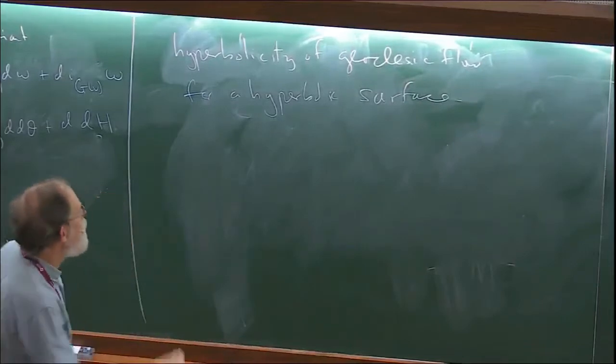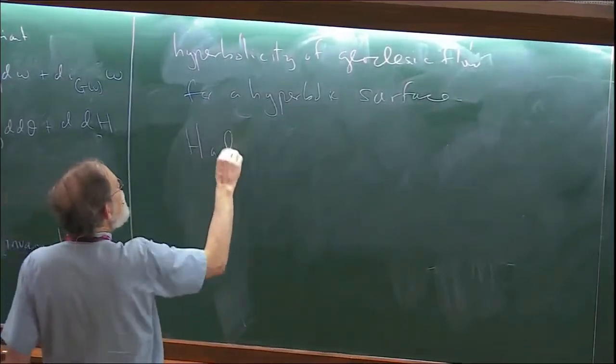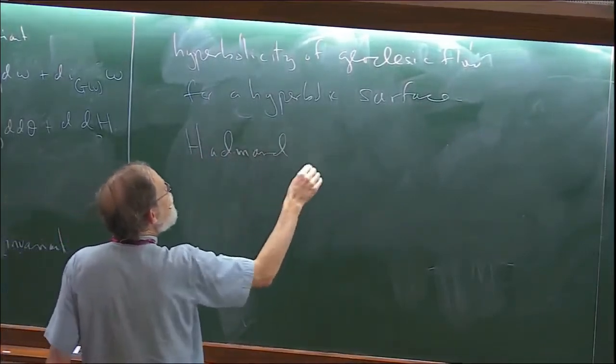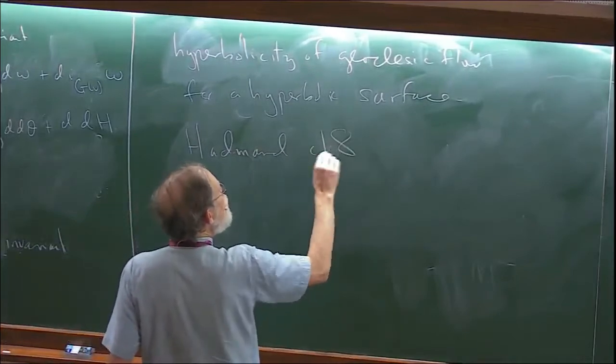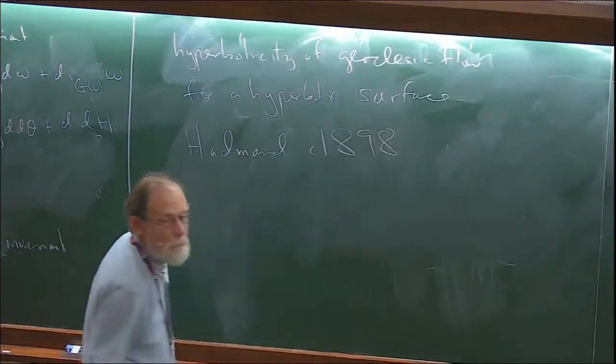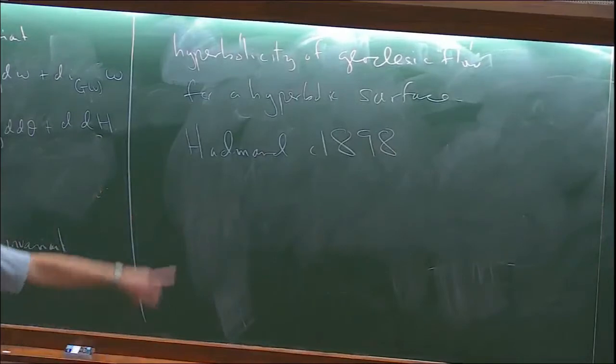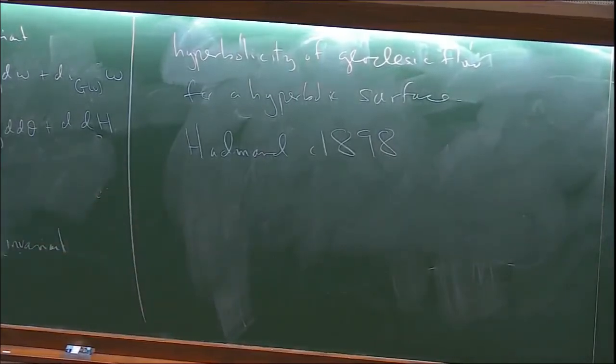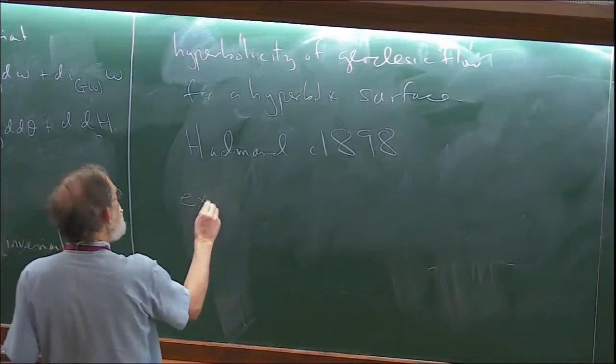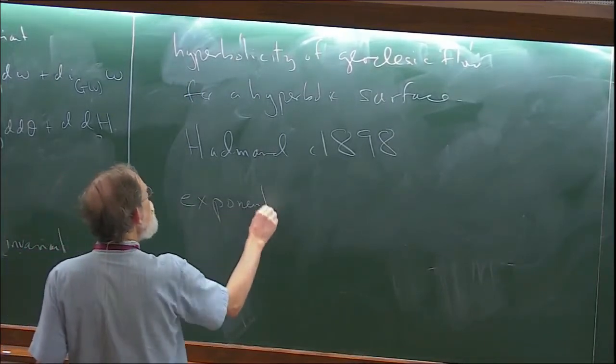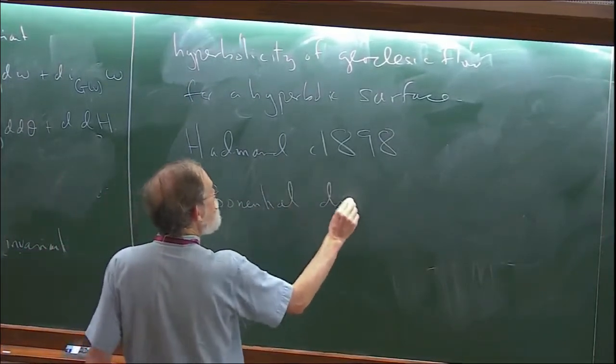This goes all the way back to Hadamard from, I think, around 1898. I really mean 18. This is classical. And I think back then, the phrase they used was exponential dichotomy.